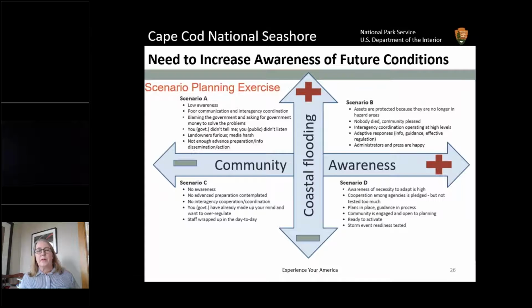We needed to have their awareness. We needed to have intergovernmental cooperation. We needed to have plans in place, guidance. The towns wanted to do more regulation. And then we needed also the ability to activate. So since then, the park and staff have been individually and collectively examining potential responses to the issues that we're facing so we can prepare our residents, visitors, and communities for the future.